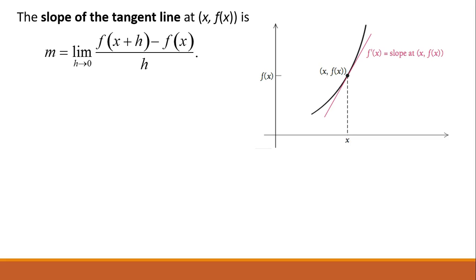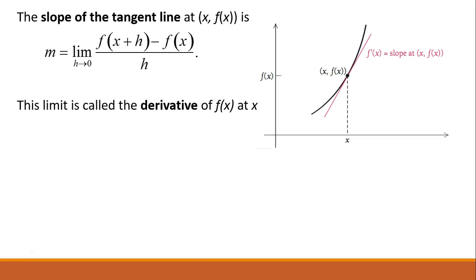And if we make h very, very small, in fact, if we make it so small that it is almost 0, then we are in essence looking at 1 point on our graph instead of 2 that define the line. And that means we're looking at a tangent line instead of a secant line. So we will be able to find the slope of this tangent line that touches our curve in exactly 1 spot.